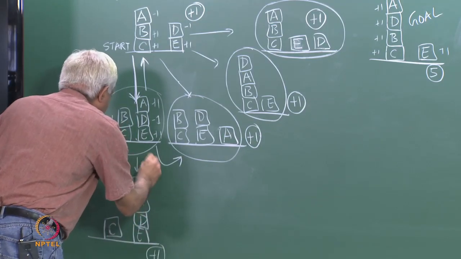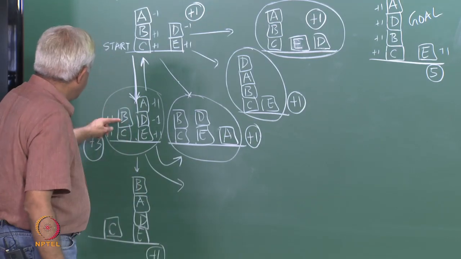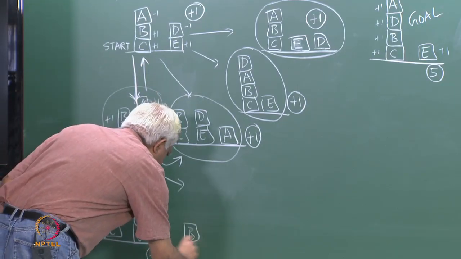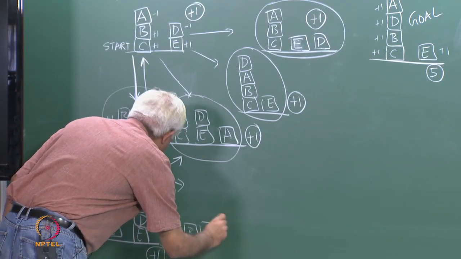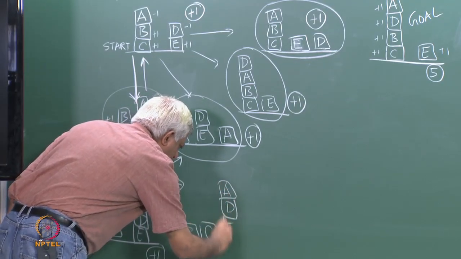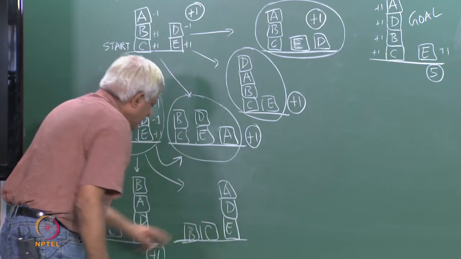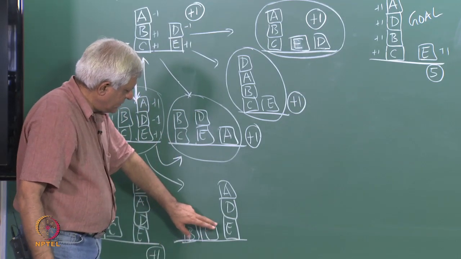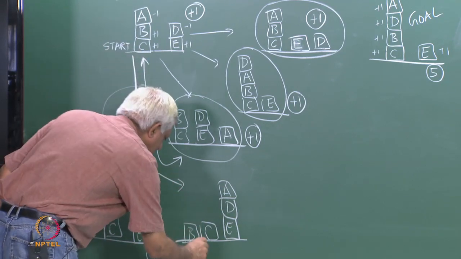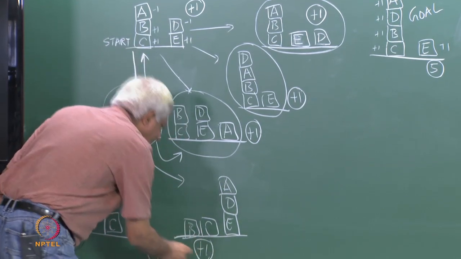So, that is one move from here, and one more move is that you can pick up B and put it down on the table. So, you would get B, C, and A, D, E. So, this is -1 for this, +1 for this, +1, +1 and -1. So, this is also +1, is that correct?